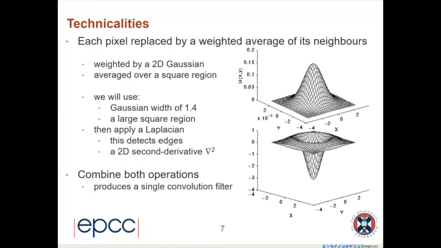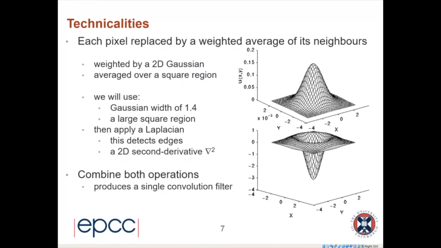You then want to detect the edges, and the way we do the edge detection is we just take the second derivative, which in 2D is called grad squared. This is called the Laplacian operator, but basically we take the second derivative of the image. If the pixel values are flat or changing linearly, there's no edge, but if they're changing in some rapid way, we call that an edge.